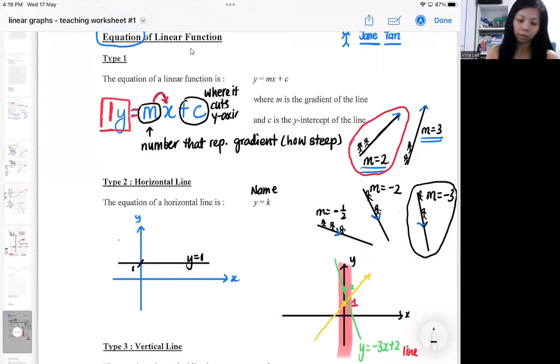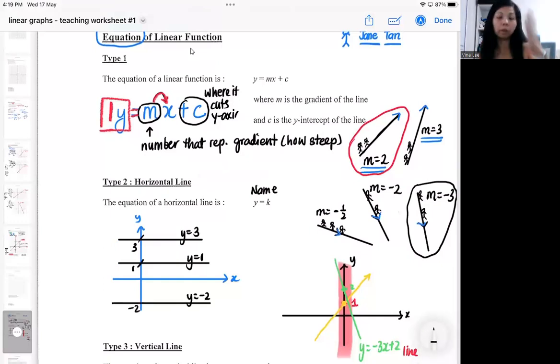If here is a 3, then this line will be y equal to 3. And maybe here is -2, then y equal to -2 is a horizontal line. If a line is totally flat, then the name will be y equal to a number, depending on where the number is. That is a totally flat line, which we call a horizontal line.